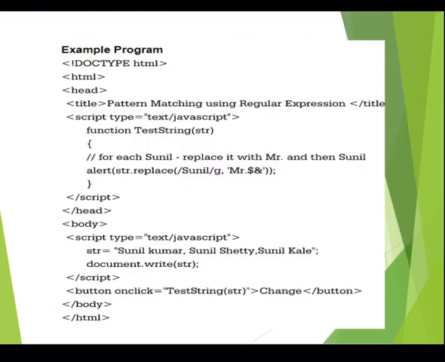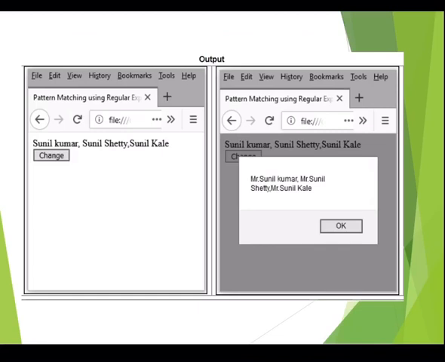Let's see the code over here. So what are we going to do over here? See, you have three strings: Sunil Kumar, Sunil Shetty, Sunil Kal. So here what are you going to do?